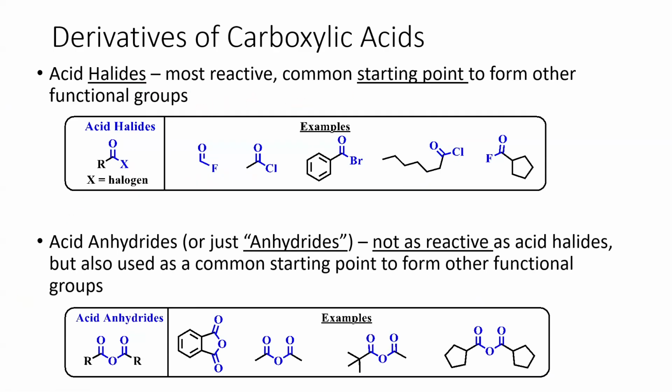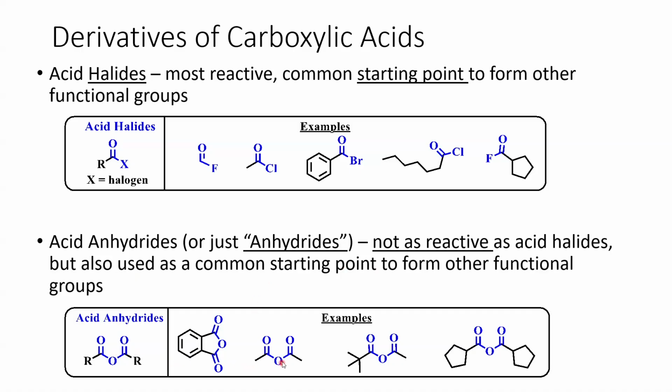A little bit less reactive, but still considered pretty reactive, are the acid anhydrides, or sometimes just called anhydrides. So they're not as reactive as acid chlorides or acid halides. You'll catch me saying acid chlorides because that's the halogen that's usually used. It's usually an acid chloride, but there's nothing wrong with making it into an acid bromide or something like that. Okay. But it's not as reactive, but it's also a common starting point.